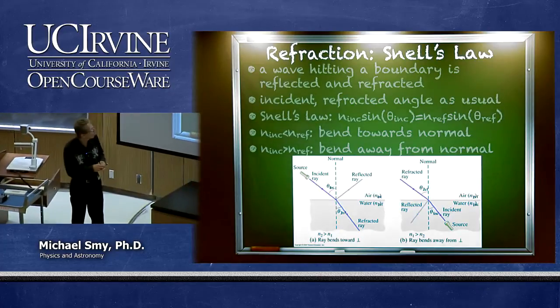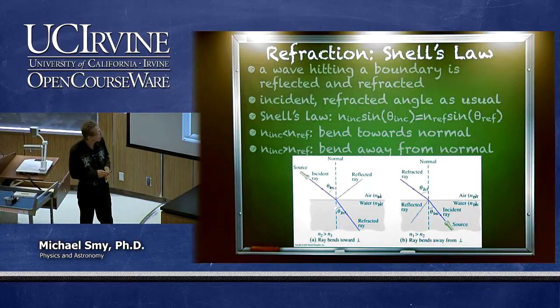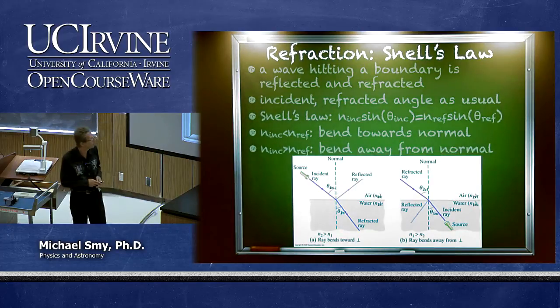So we define a normal to the boundary surface. For example, we can have air and water. And we define an incident angle of the incident ray with respect to this normal. And for the reflected ray, we can define a reflection angle. And for the refracted ray, we define a refraction angle, again with respect to the normal.